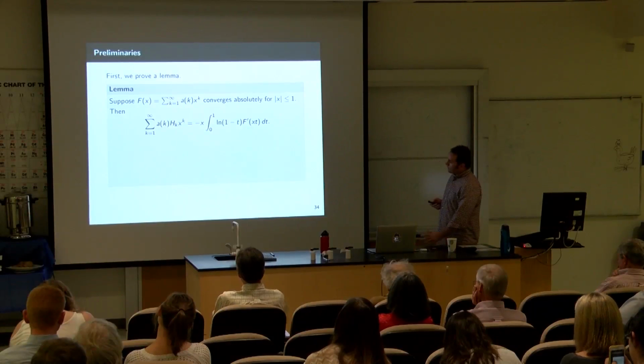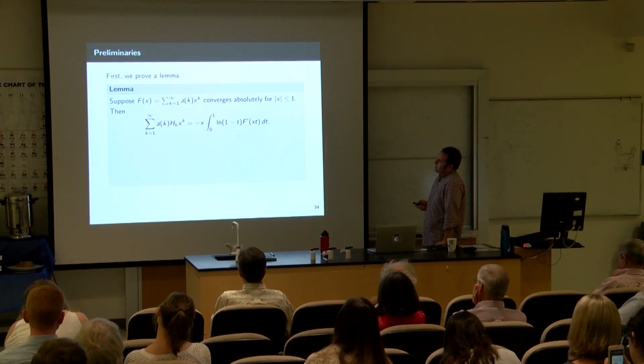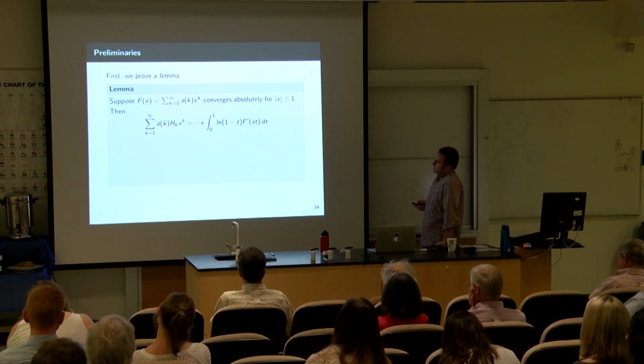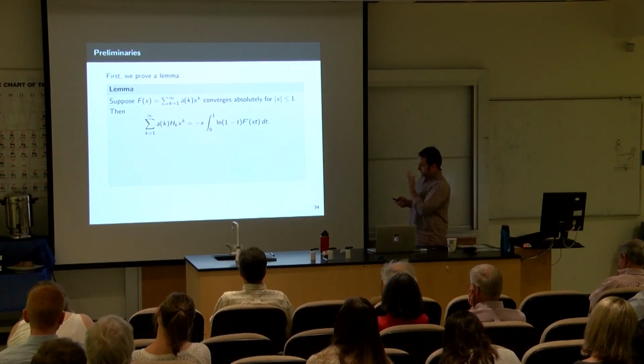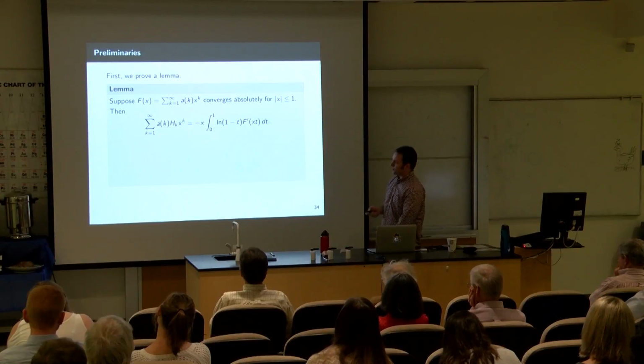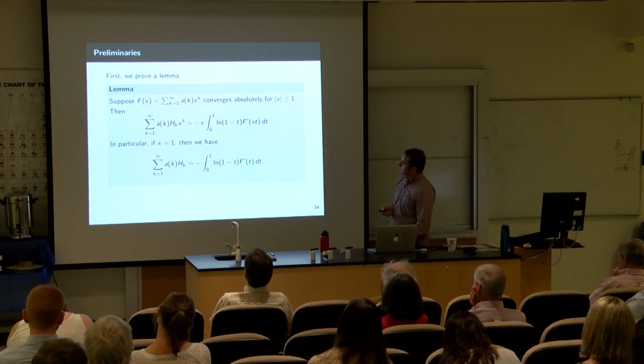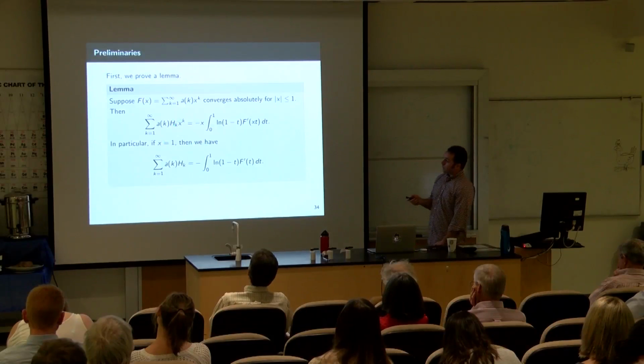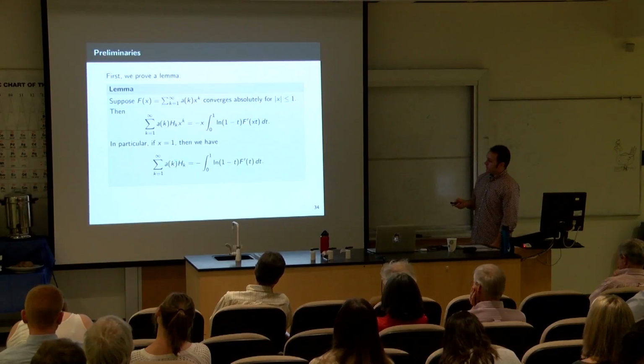Now you have to be careful. There are some other conditions. You have to make sure that these things converge. But when it makes sense, this is true. In particular, if you let x be 1, which you can do, you get this sum: a_k times H_k is this integral.